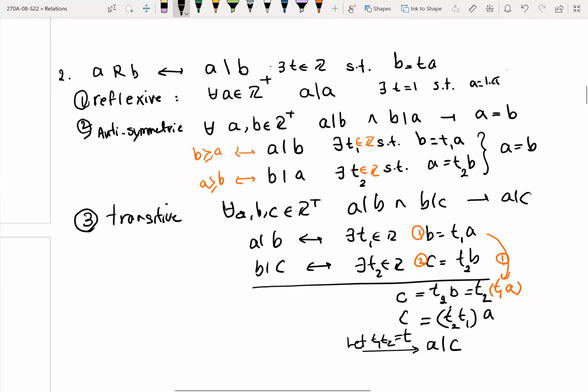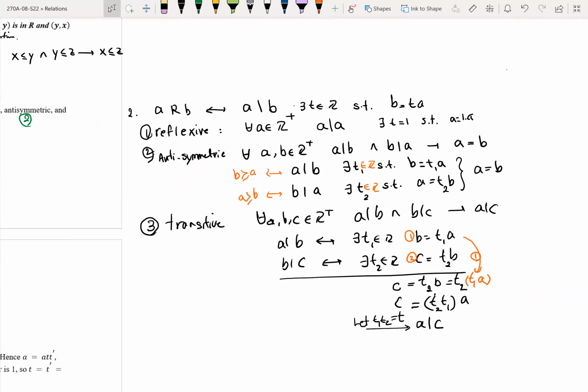That's why divisibility is a partial order relation. Divisibility is a partial order. Make sense? Question here?